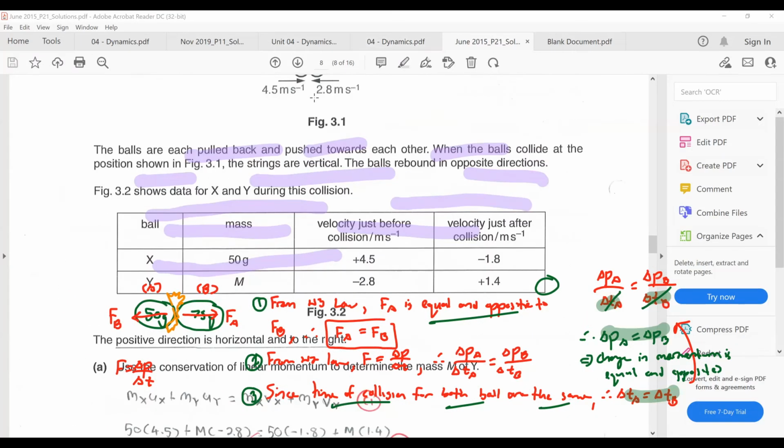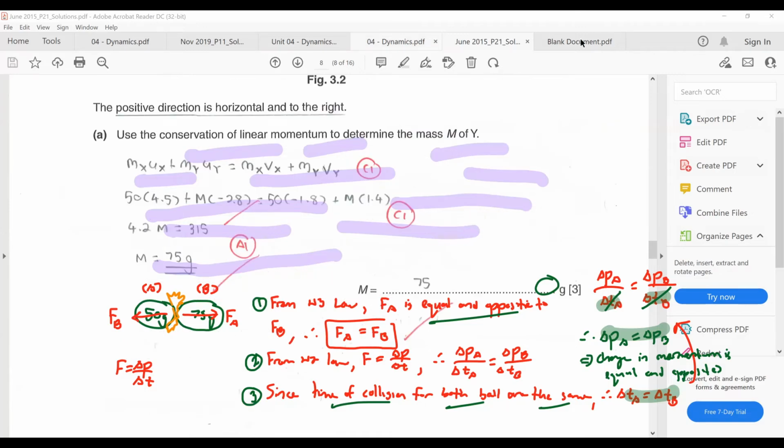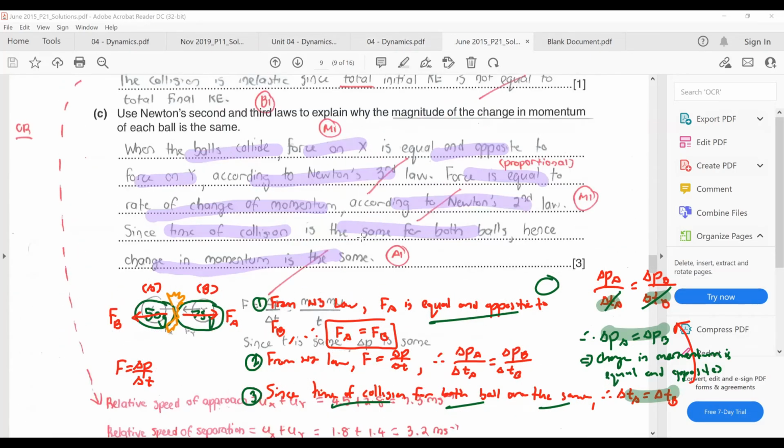Did they label this? Oh, sorry. They actually already labeled the balls as X and Y instead of A and B. Yeah, this one you just change accordingly. This one will be object X. This one will be object Y. This is Fy. This is Fx. So I just need to change some of the stuff.